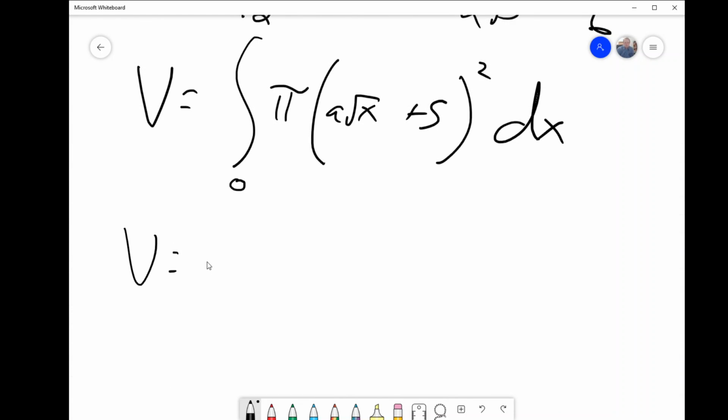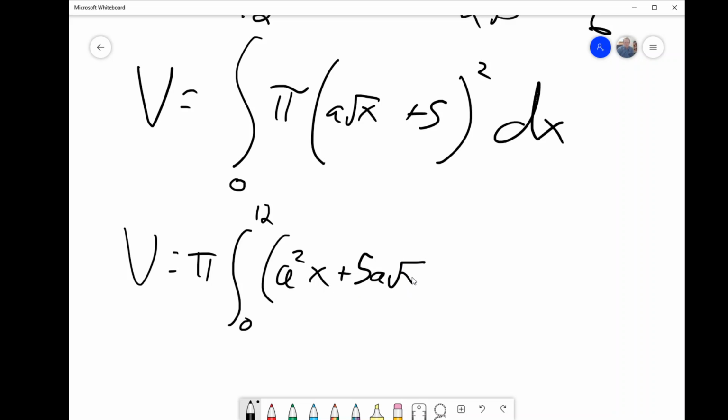So then our volume, we could pull out the pi. We have from 0 to 12 of a squared x plus 5a root x times 2, so this ends up being a squared x plus 10a root x plus 25, dx.